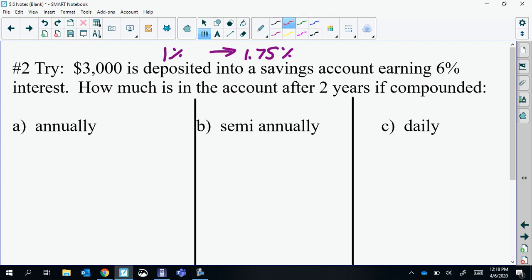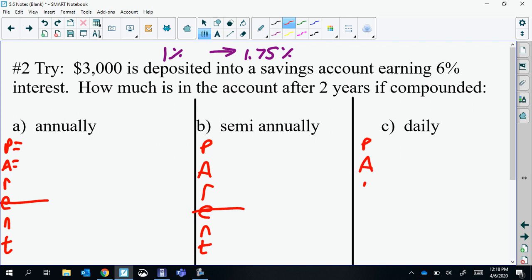So, all right, $3,000 deposited in a savings account. So we're going to do the same thing we've been doing, that parent equation. Now for all of these, again, we haven't done anything with E yet, so we can just cross those out as we go. So all of these, we're going to have the $3,000 deposited, so that's our principal. All of them are wanting to know how much money is in the account after 2 years, so we're solving for the final amount.